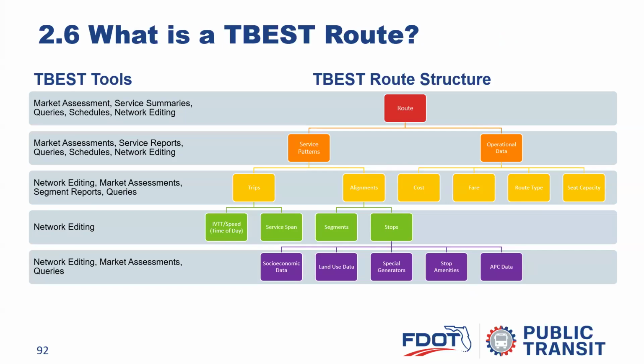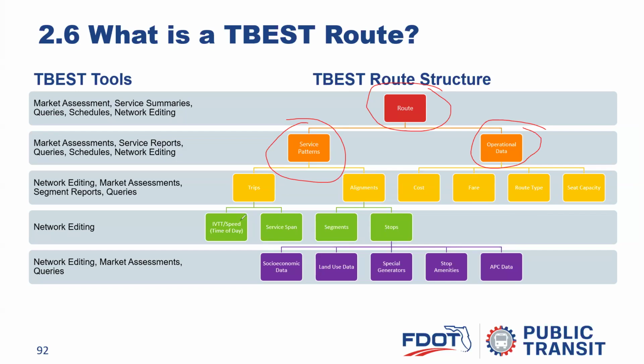The route structure hierarchy goes from the top level, the route, to either service patterns, which are route patterns, or operational data. The operational data contains cost, fare, route type, and seat capacity. On the service levels, we have trips and alignments.